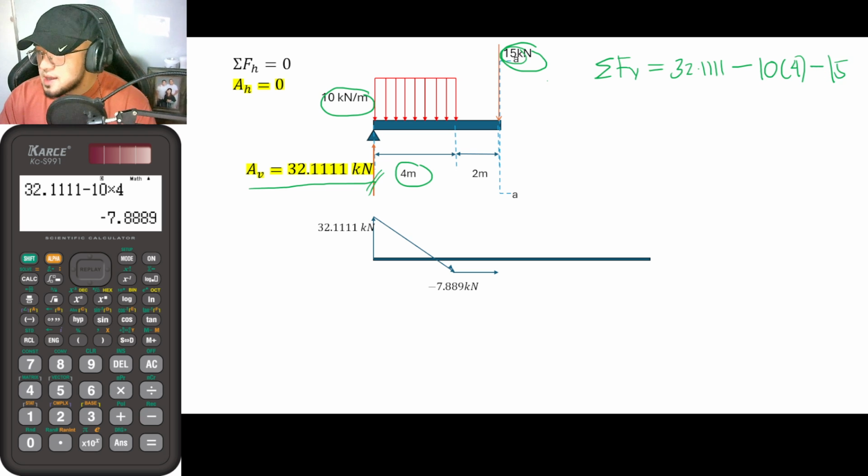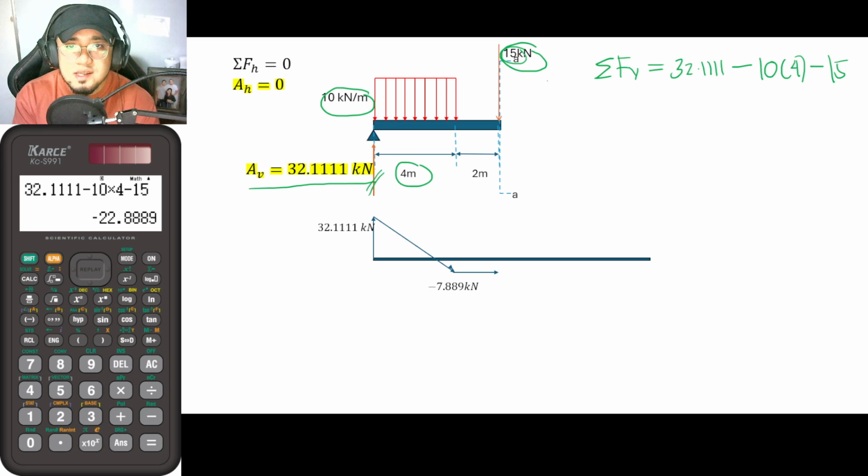So with that, this would now be equal to 32.1111 minus 10 times 4 minus 15. Our answer here is 22.8889.